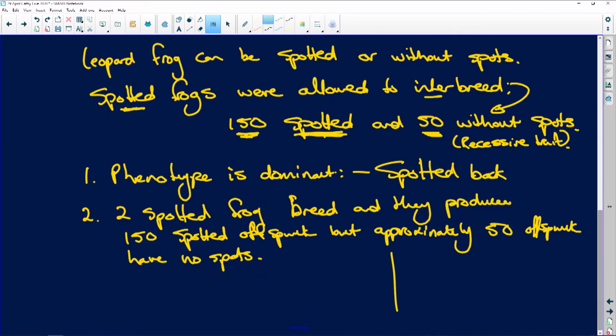And the 3-to-1 ratio is when you have heterozygous times heterozygous. Look, I'll quickly do it here. Here's our little Bb cross.